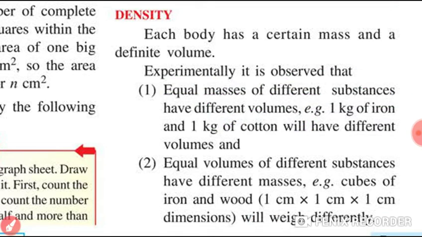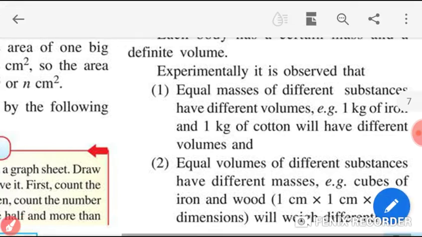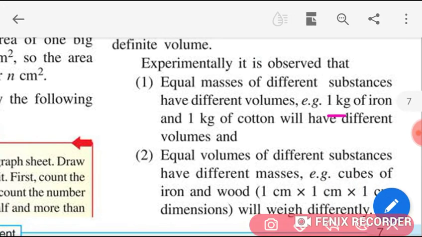Example, 1 kg of iron and 1 kg of cotton. They are different substances, but they have equal masses, and they have different volumes.